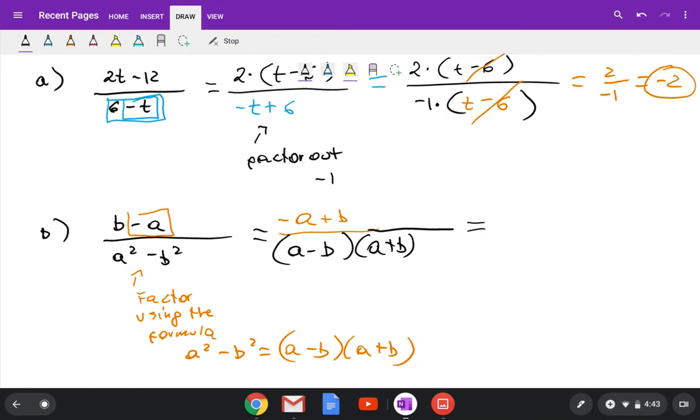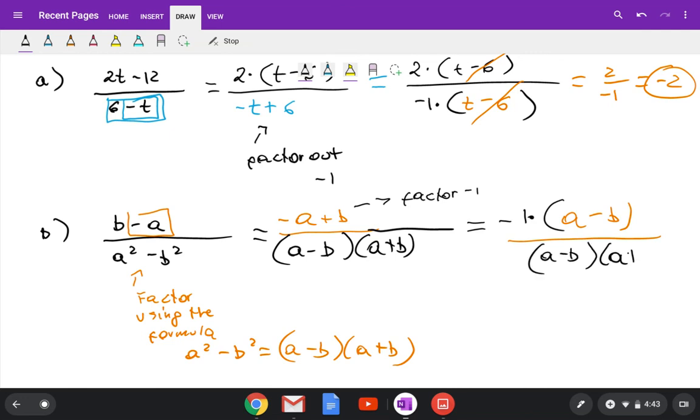So to be able to get that a minus b, we're going to factor -1. So I'm factoring -1. So negative a will become positive a. Positive b will become negative b. And just copy your denominator. A minus b times a plus b.